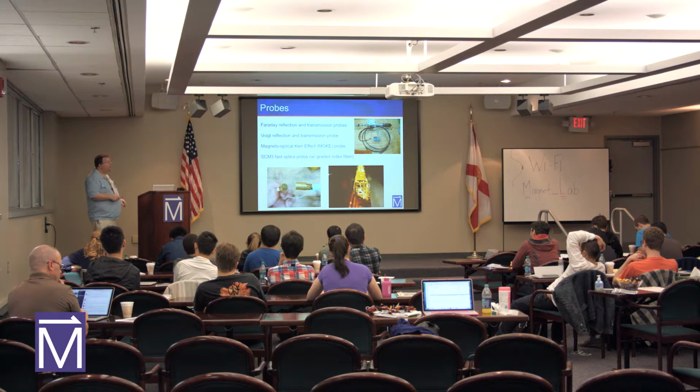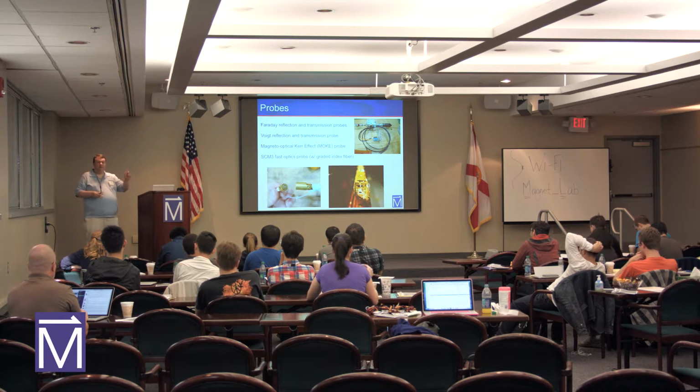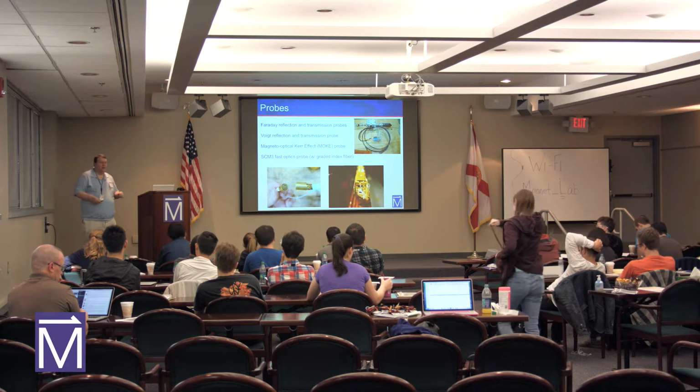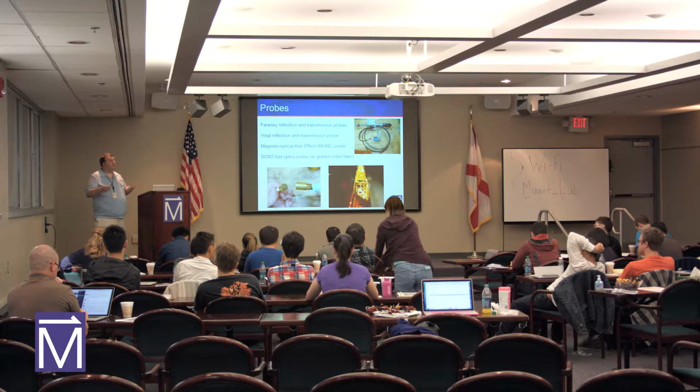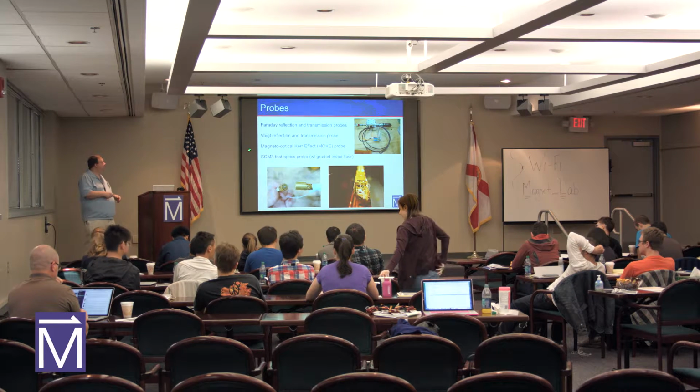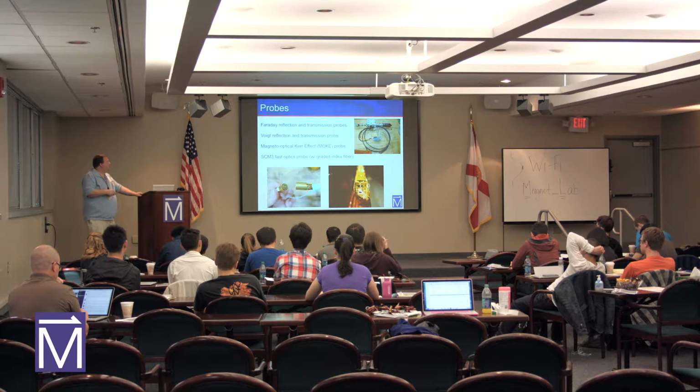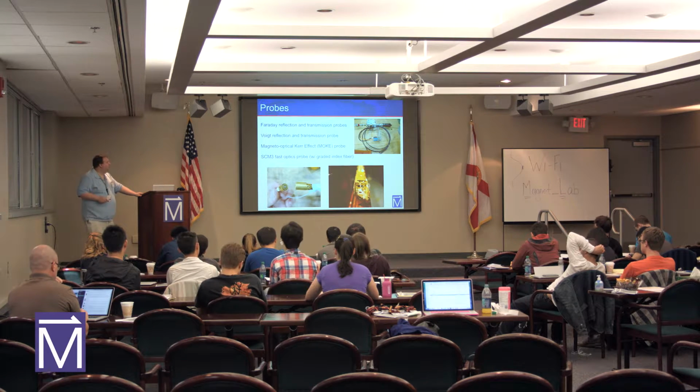In terms of Faraday, we're talking about the k vector of the light and how it's aligned. It comes in along the field direction, and that gives you access to different magneto-optical properties that Voigt doesn't give you access to. So for instance, we can measure the magneto-optical Kerr effect.